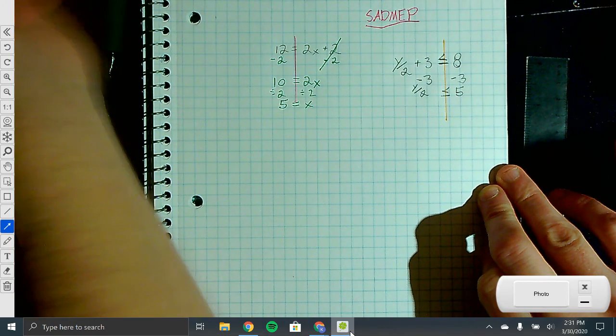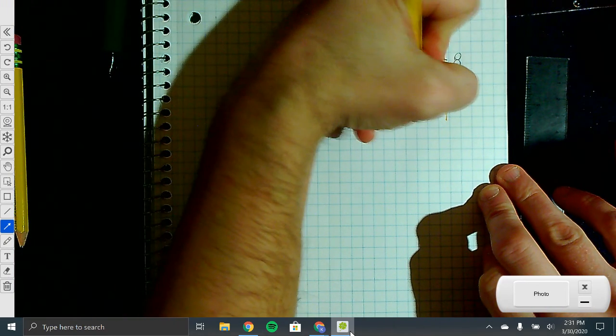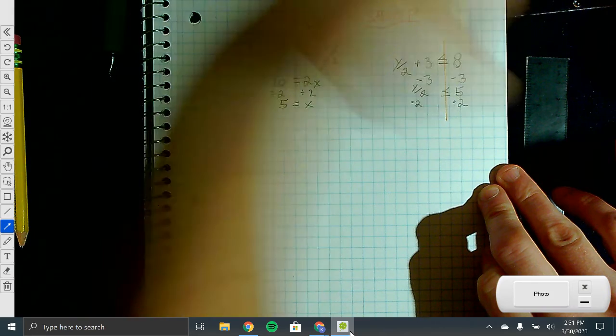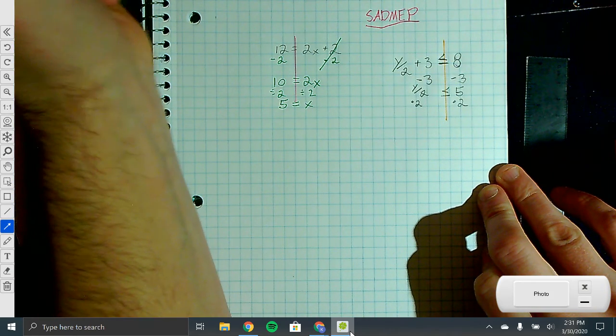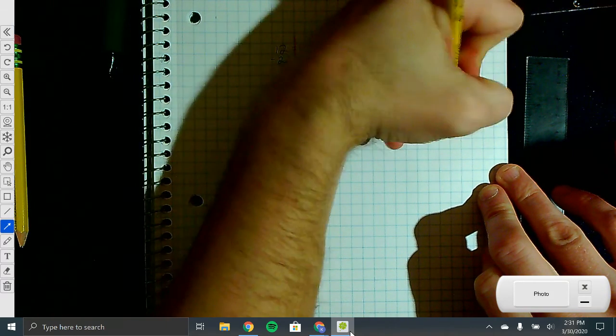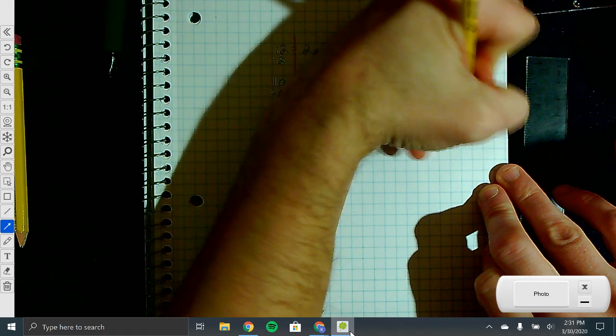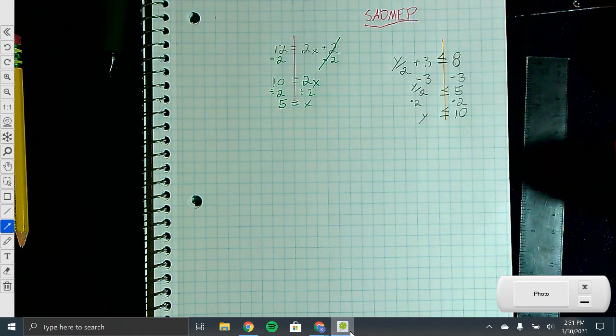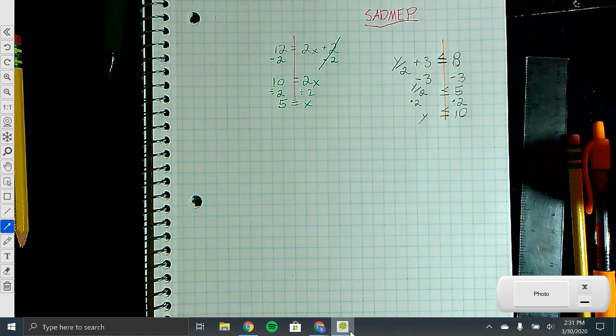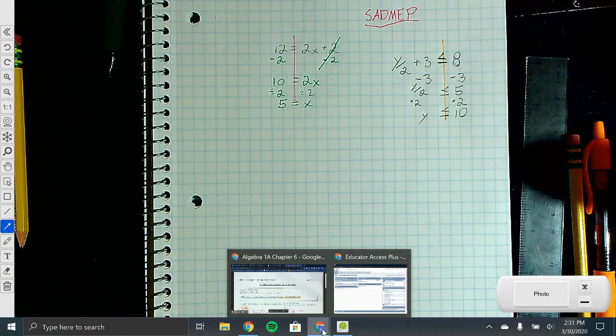Then we want to undo the division by 2, so we'd multiply each side by 2, and in that case, y is less than or equal to 10. So that's just a quick refresher on the algebra of how to solve for a variable, whether it's an equation or an inequality. So, going back over to today's notes.